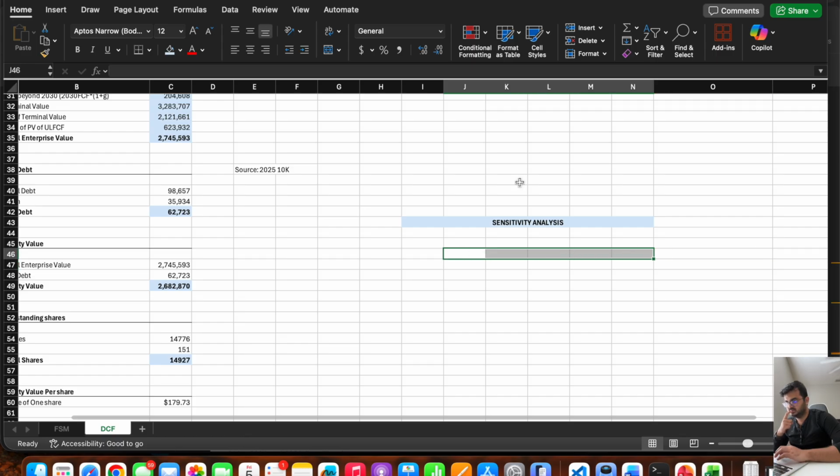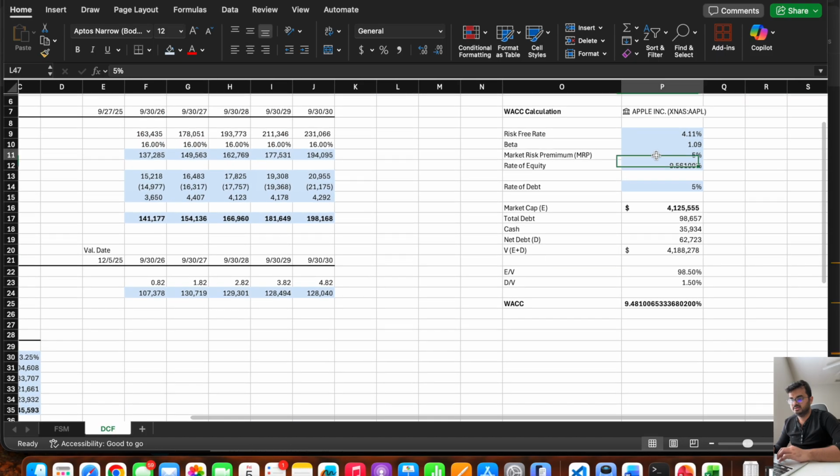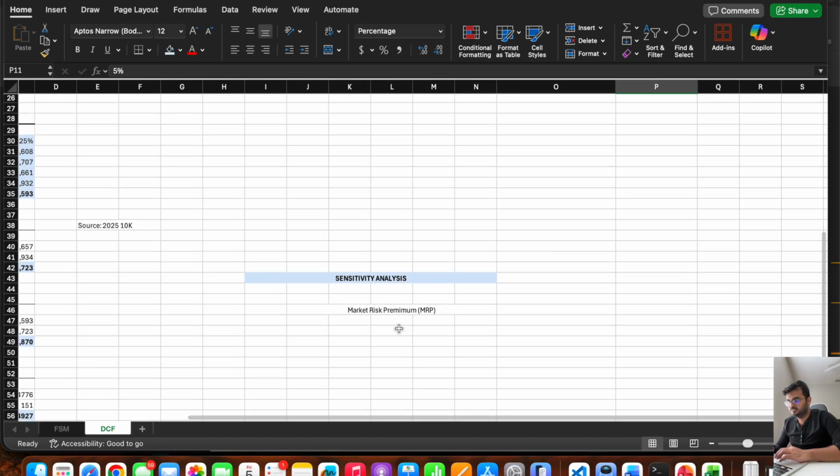I would take this one and do market risk premium, MRP. So we have assumed market risk premium as 5%. So I will put that 5% here. Then I will go back.